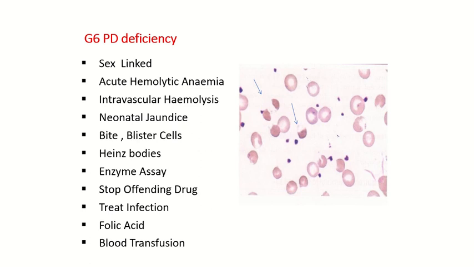With special stain, we can see Heinz bodies. For diagnosis, we do an enzyme assay of G6PD. How will we treat this patient? We stop the drug and treat the infection. If the patient requires transfusion, then we give transfusion and folic acid.